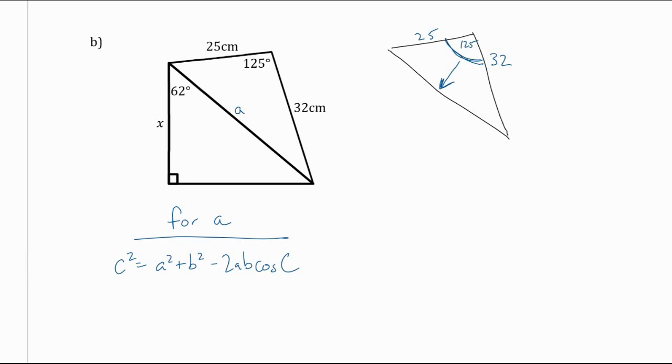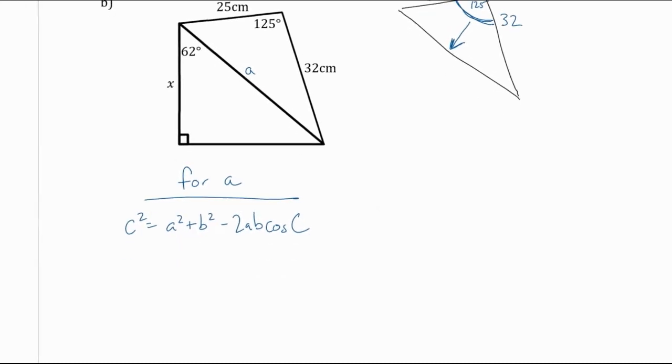And I'm using that version because I'm looking for a side length, and that's the version that we need for finding a side length. Okay, so A was maybe a bad choice, although it allows us to talk about this again, because A is in this formula. That's not the same A. This A is actually going in for the C. So if that's confusing, pick a different variable and use that instead. Okay, I'm going to leave it to give us something to think about.